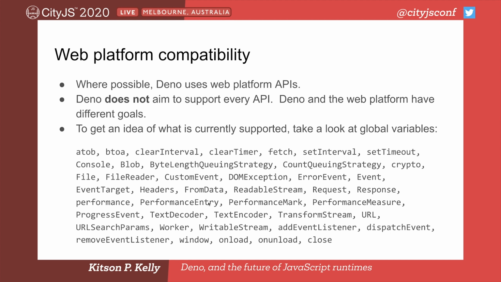So at the moment, we've got streams, we've got the performance APIs, we've got a little bit of the crypto APIs. We have the eventing model is the same as the browser model versus doing something differently.